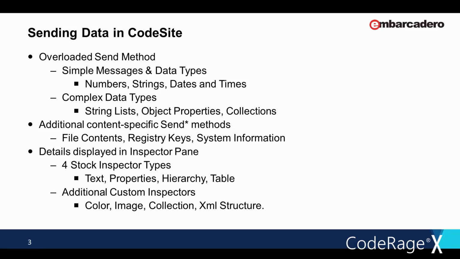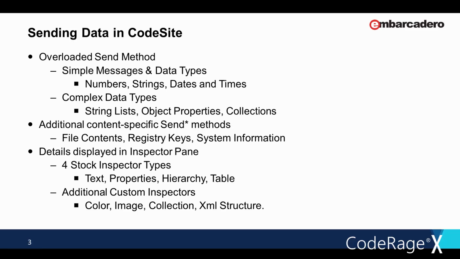However, the default presentation of all of that is managed by the inspector pane. So we send over a message string, it's got some content, we see the message in the message pane, and we also see the details that are associated with that message. There are four stock inspector types available: text, properties, hierarchy, a tree structure, and table, a grid.